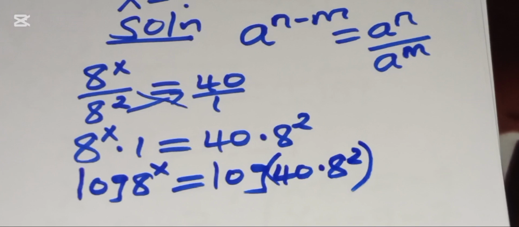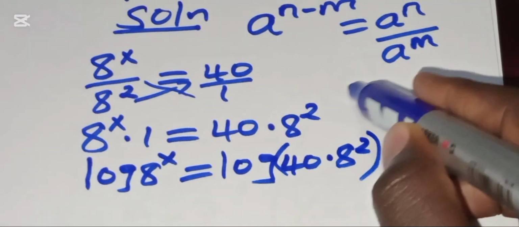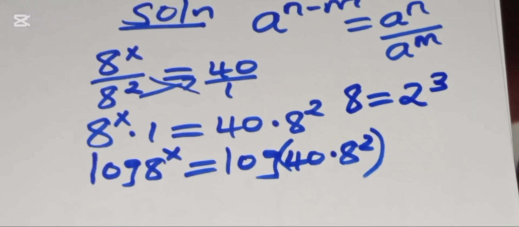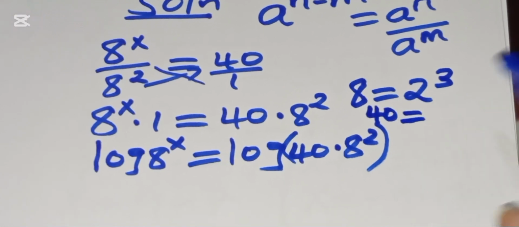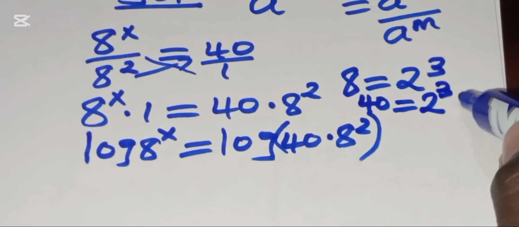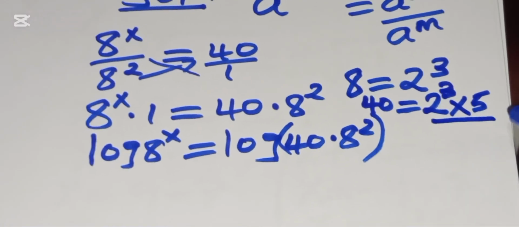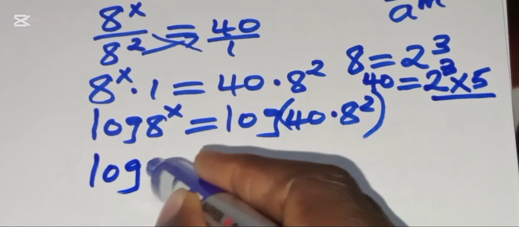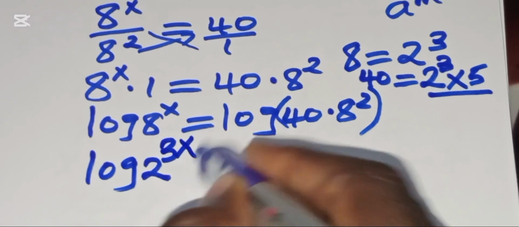We can express 8 as 2 raised to power 3, and that means 40 can be expressed as 8 multiplied by 5. Let's substitute this back to the equation. We have log 2 raised to power 3 times x, which is 3x.